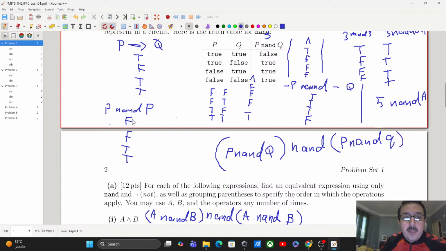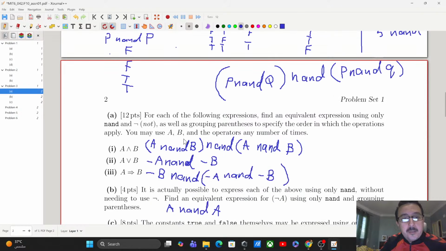A, which is false. It's gonna go with true. It's false. It's gonna go with false. This is false. Or maybe meaning true. So, yep, it is it.